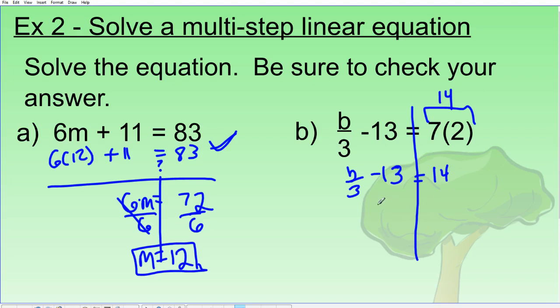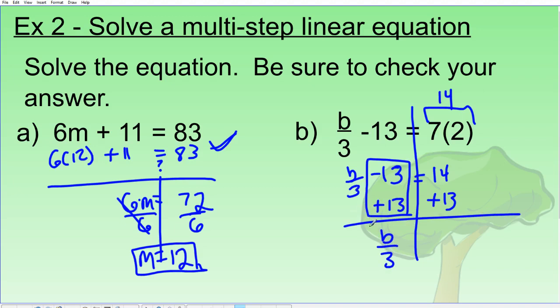So here, when I add 13 to cancel out this minus 13, we get b over 3, he comes along for the ride, equals, this is gone. 14 plus 13 is 27. Now, in order to solve this, my variable is being divided by 3. So the opposite of divide by 3 is to multiply by 3 on both sides.